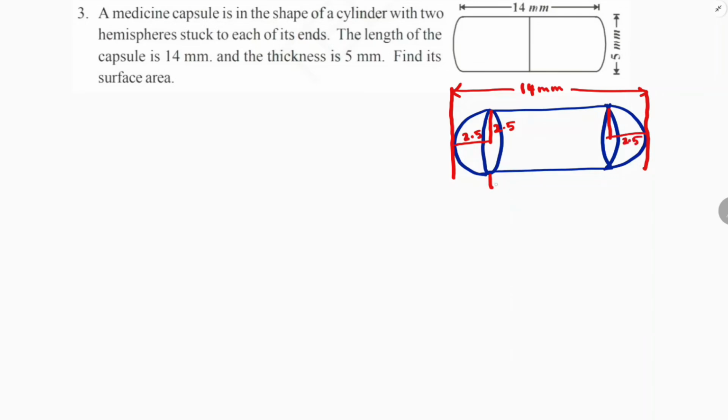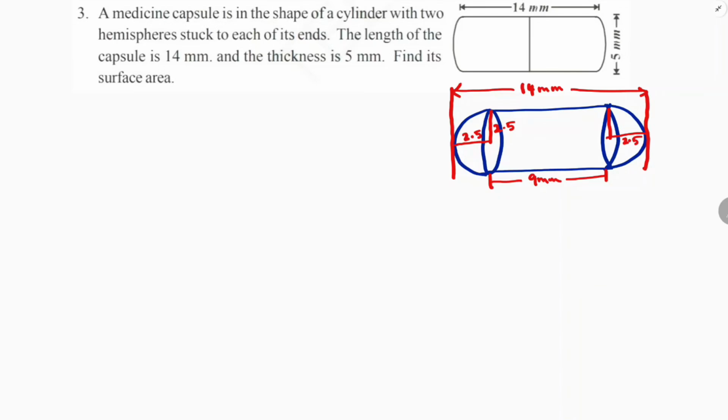So height of the cylinder will be 9 millimeter because from 14, if we take out 2.5 and 2.5, 14 minus 5, which is 9 millimeters. So height of the cylinder is 9 millimeters. Because here, if you see the hemisphere, this is radius, this also radius, this also radius. So radius is here 2.5. So 2.5 and 2.5 we take out, we get the height of the cylinder.